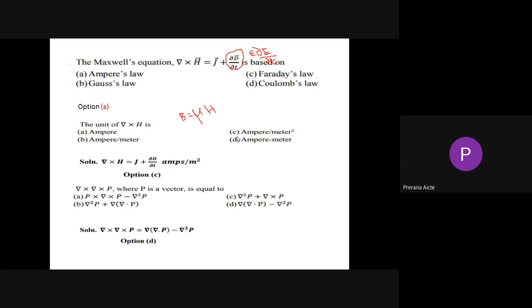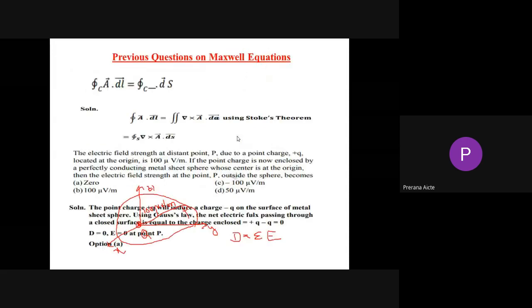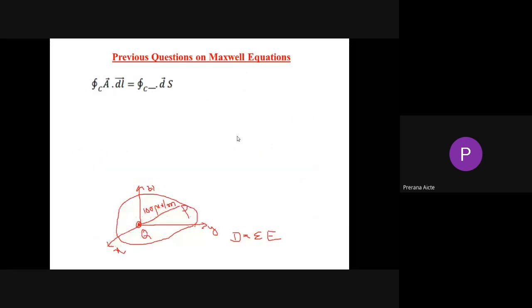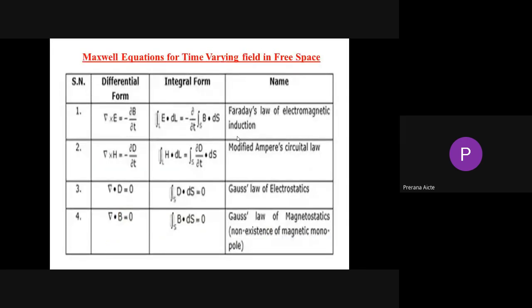So what is the answer? See the Maxwell equations. Second one.